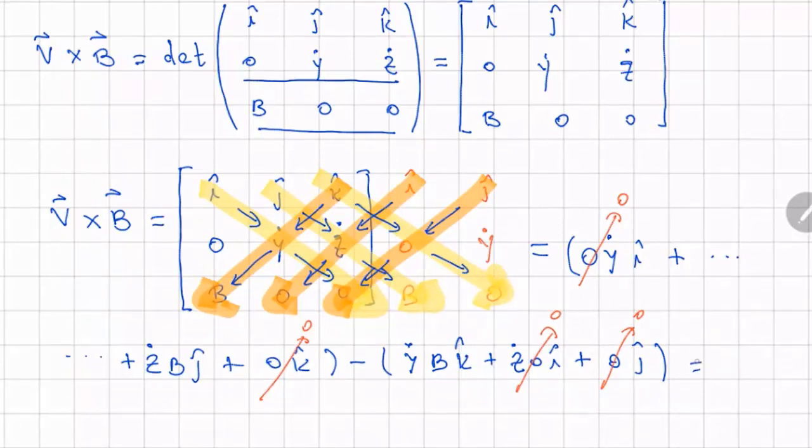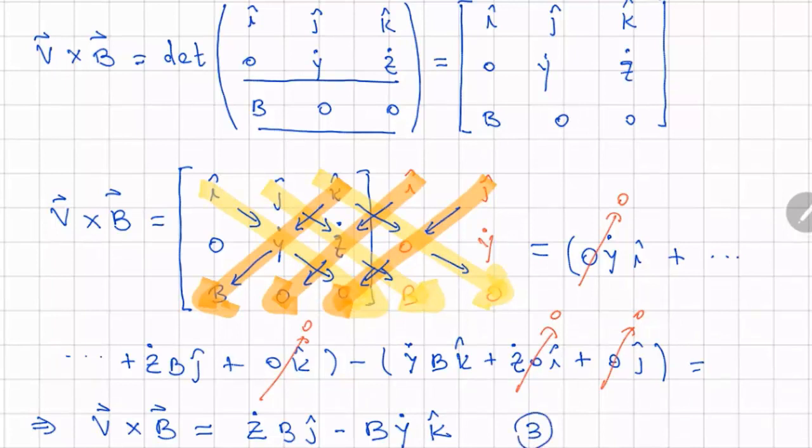So with that known, we get that v cross b is equal to z dot b j minus b y dot k. Okay guys, and we are gonna call this equation number 3.